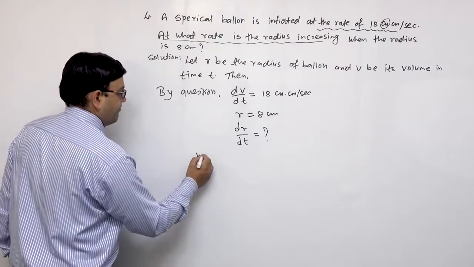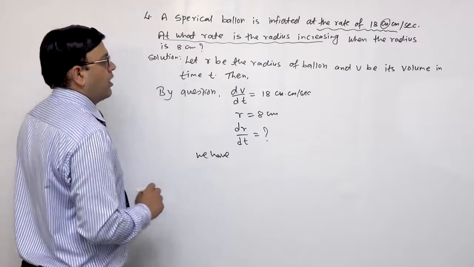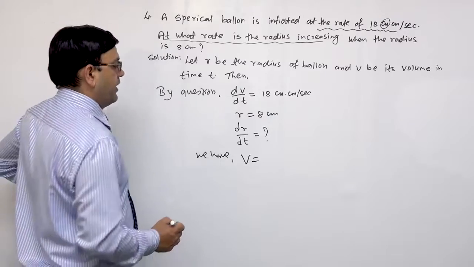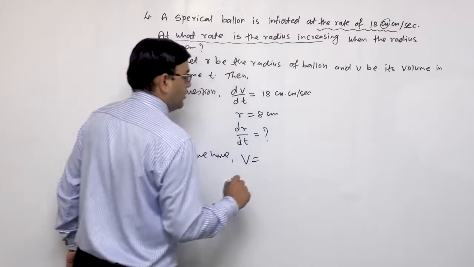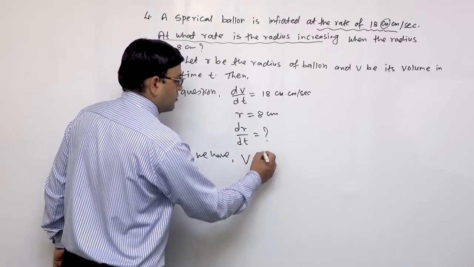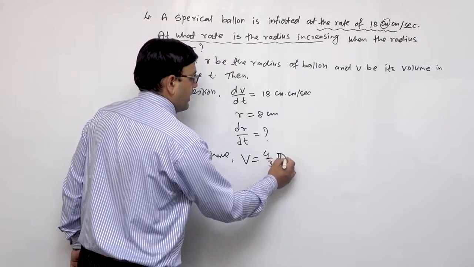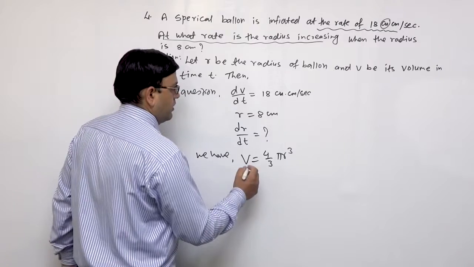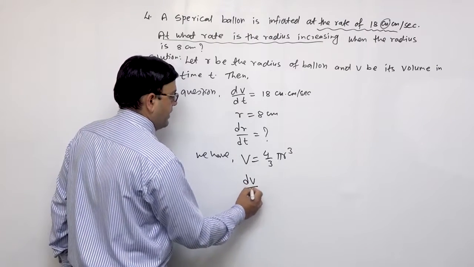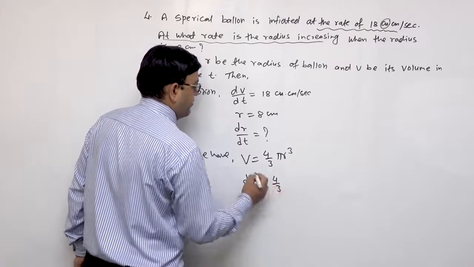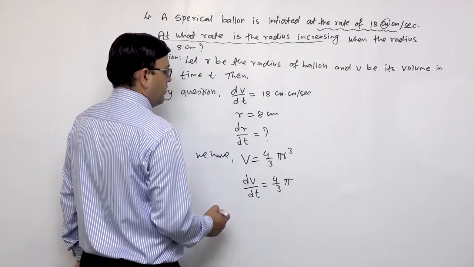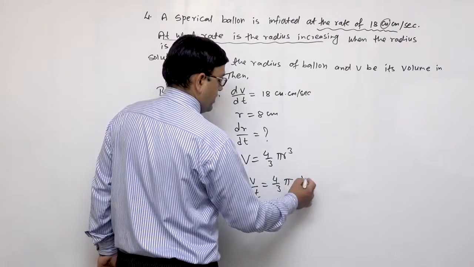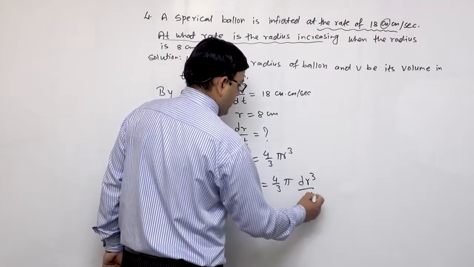We have the volume of the balloon, v is equal to, this balloon is spherical, like a sphere. So 4 by 3 pi r cube is the volume of a sphere. Now we have dv by dt is equal to 4 by 3 pi, let's take the derivative, d r cube by dt.